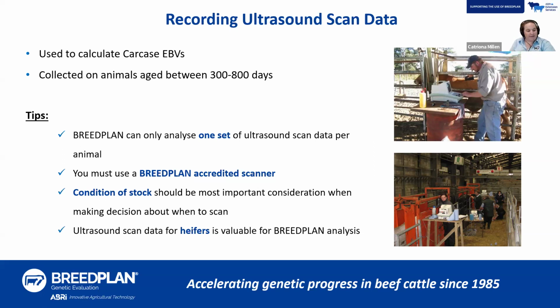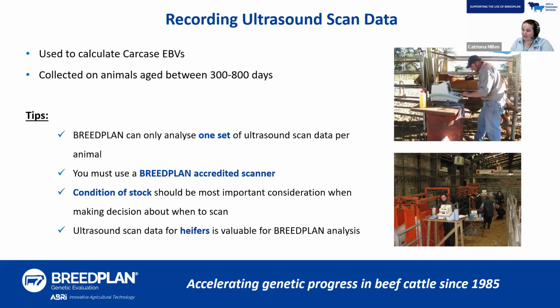we are particularly interested in variation between animals. And so heifers are valuable because compared to bulls of the same age, they have typically laid down more fat, which means we typically see more variation in the heifers than we do in bulls of the same age. And furthermore, often people have put some selection pressure on the bulls in terms of which ones they're retaining as bulls. They've already castrated a number of animals and made some selection decisions.